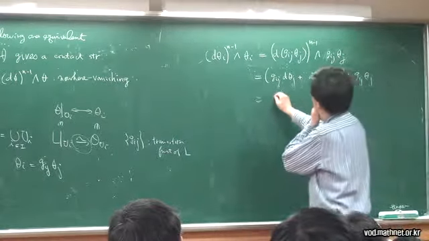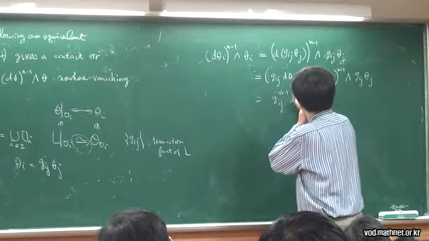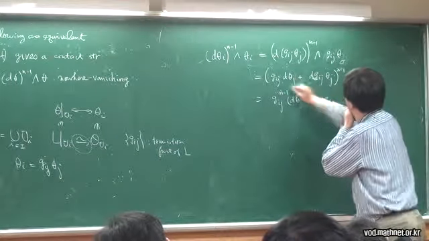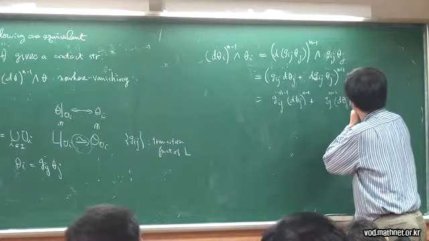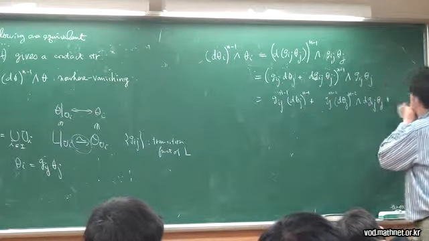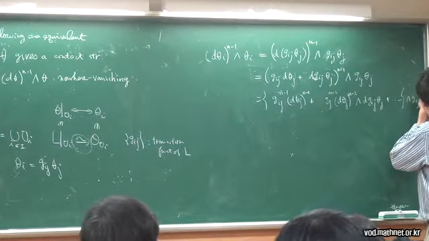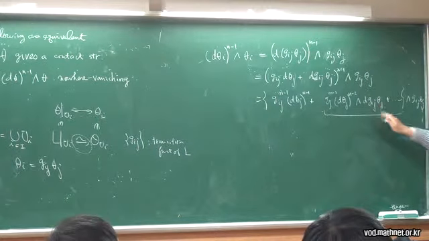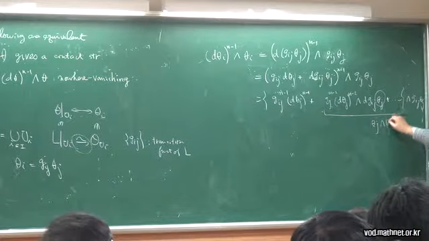Then we have g_ij to the n minus 1 d theta_j to the n minus 1, plus this times n minus 2 d theta_j to the n minus 2, dg_ij theta_j and so on, and this g_ij theta_j. But such terms always contain some theta_j, so theta_j wedge theta_j is always 0.